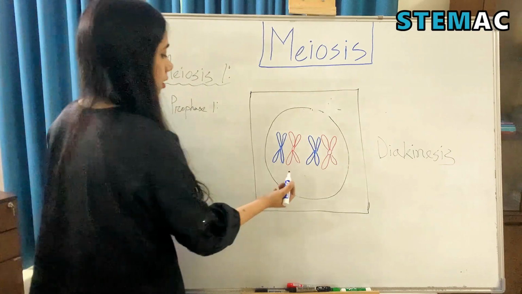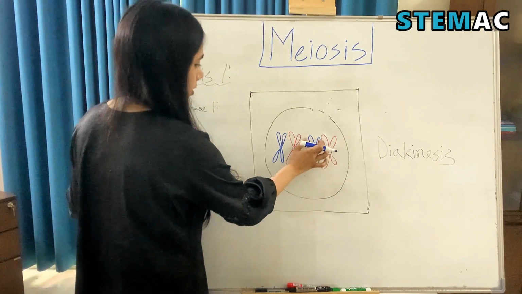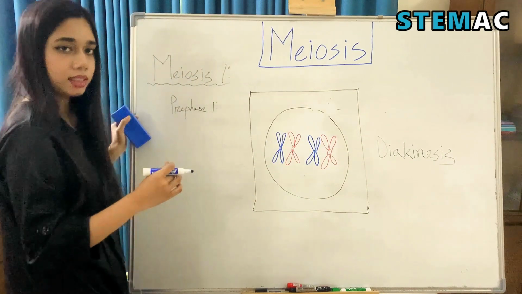Here you can see that the homologous pairs have separated. There are no chiasmata anymore, right?